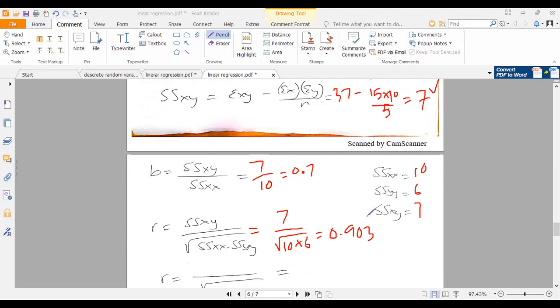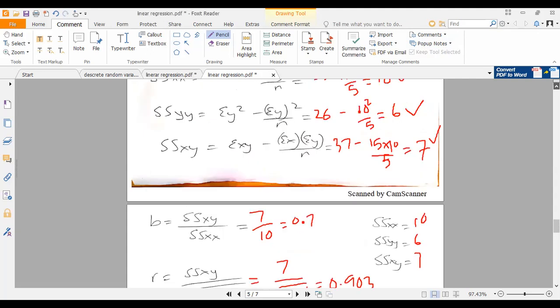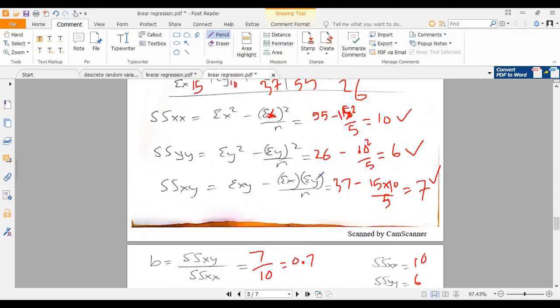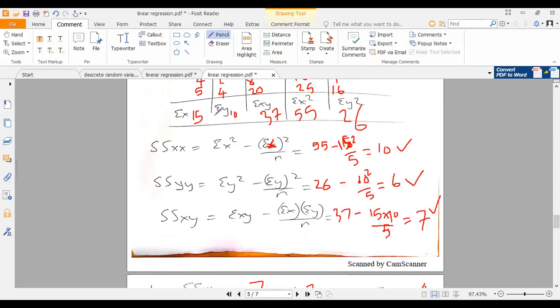Sorry, Collins, I've got a question. On the page before, we're saying 15 times 10 over n, which is the 5, but we are not really dividing by the 5.